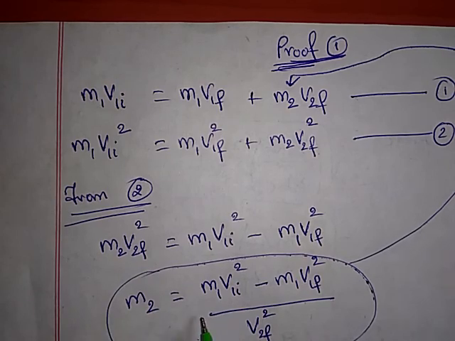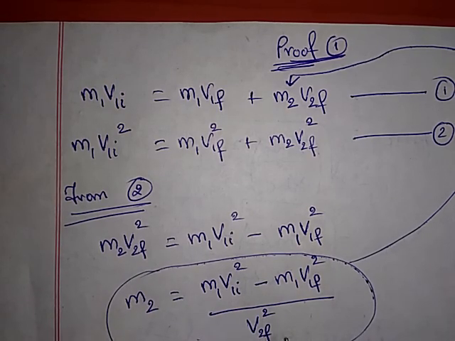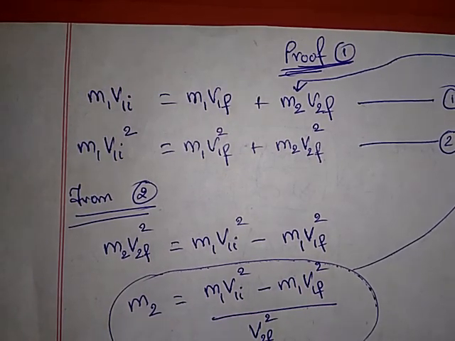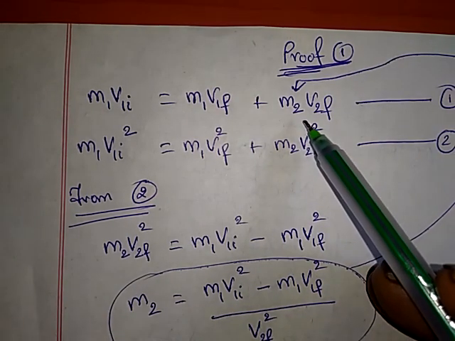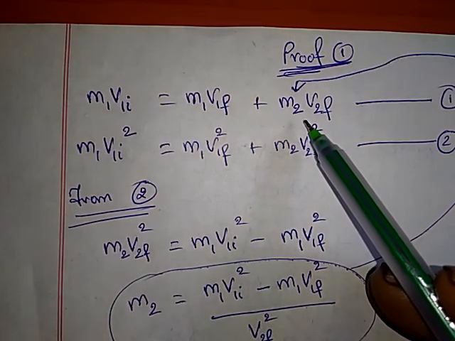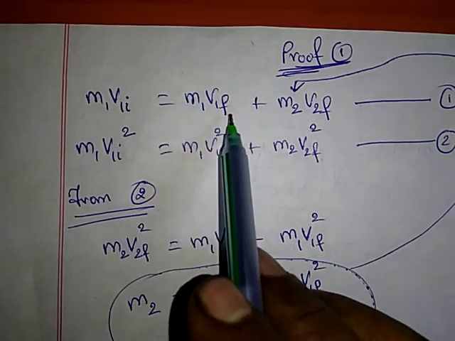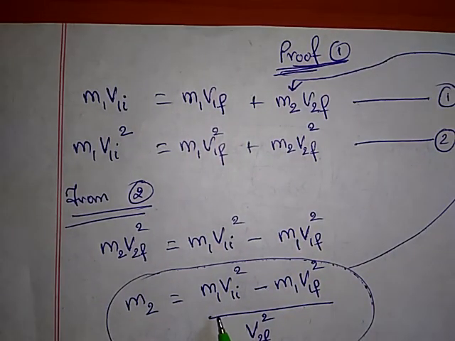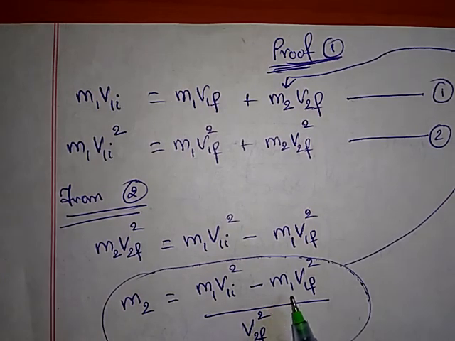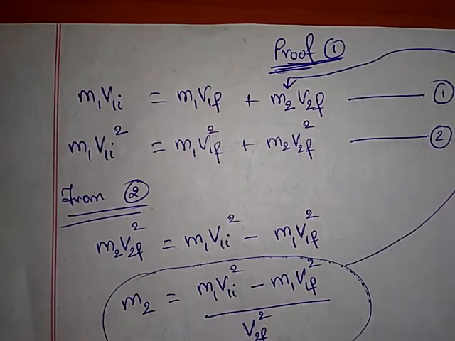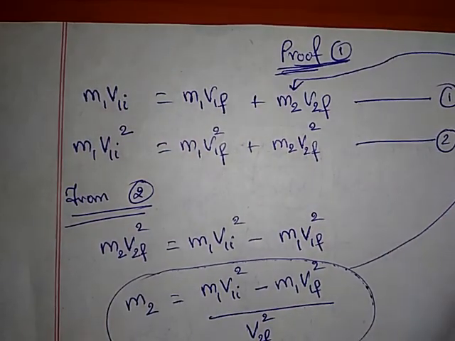V2F square you bring to the other side, it comes to the denominator. Now you put this value in the first equation, so you will get M1 V1I is equal to M1 V1F plus, in the place of M2, you substitute M1 V1I square minus M1 V1F square by V2F square, into V2F.